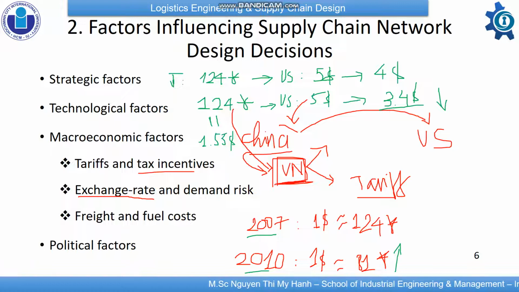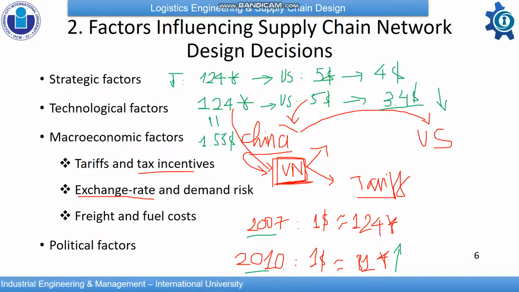Okay, but if the company is located in the US, it will be the converse. Their profit can increase thanks to the fluctuation in exchange rate, right?